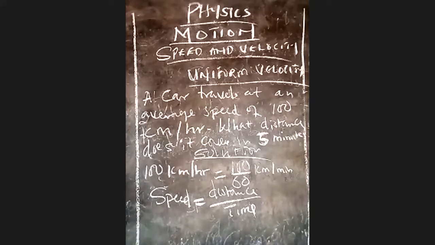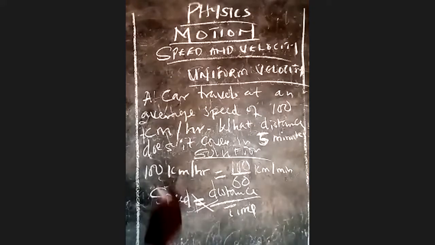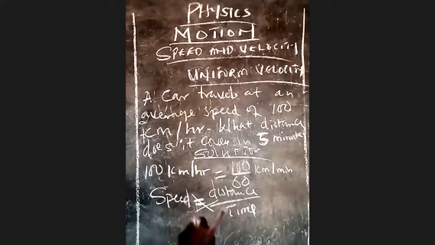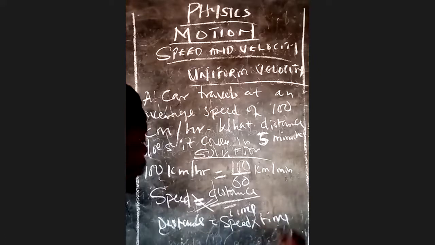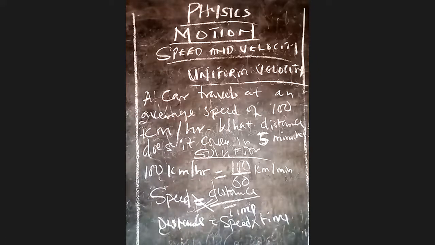From the question now, we were given speed and we're given time, but we were asked to find distance. So let us cross multiply. Distance will be equal to speed times time. I don't want to rush, so you get to understand what I'm trying to explain here. Speed is equal to distance all over time.